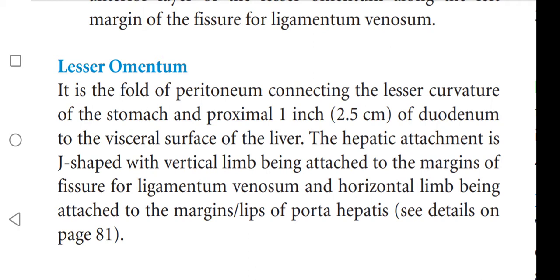The hepatic attachment is J-shaped with the vertical limb attached to the margins of the fissure for ligamentum venosum and the horizontal limb attached to the margins or lips of porta hepatis.